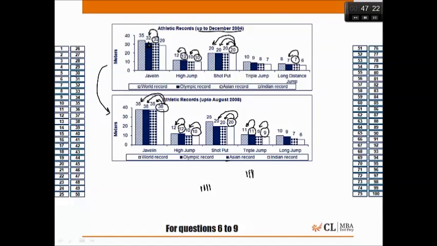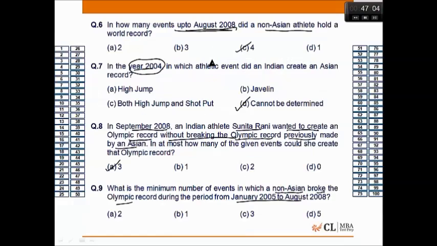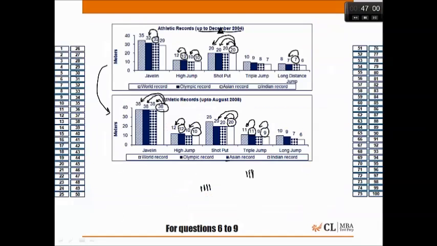This was 32, Olympic record broken, Asian broke it. This was 12, this remained 12, nobody broke it. This is 10, 10, 12, there's no change. Minimum he asked, not maximum. Cannot be determined otherwise, yeah, minimum, okay, great.